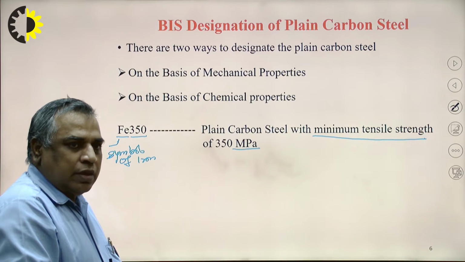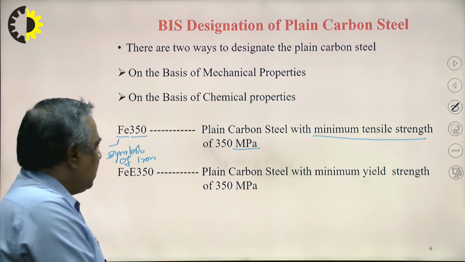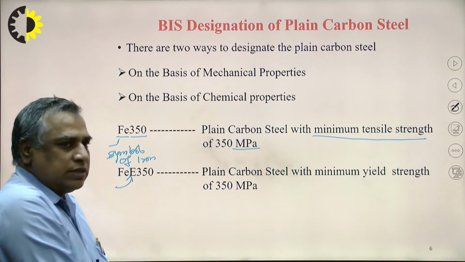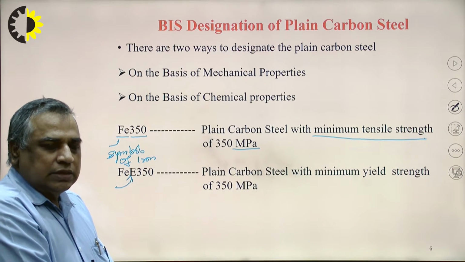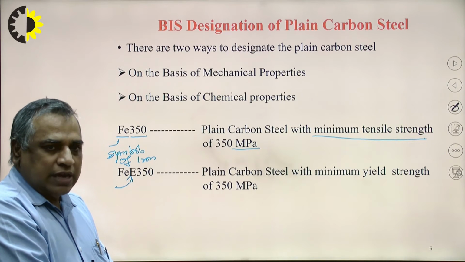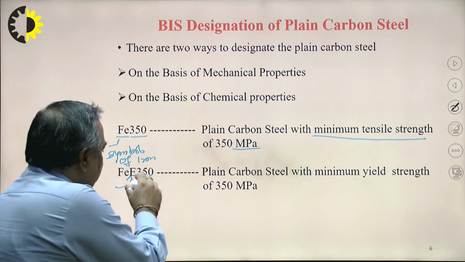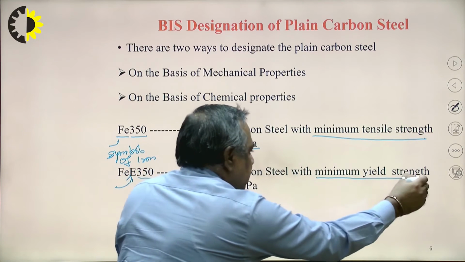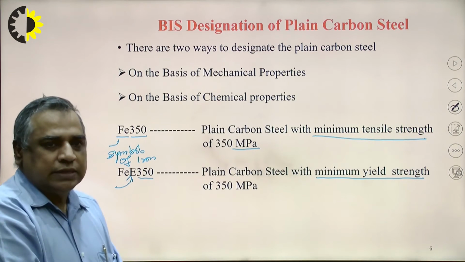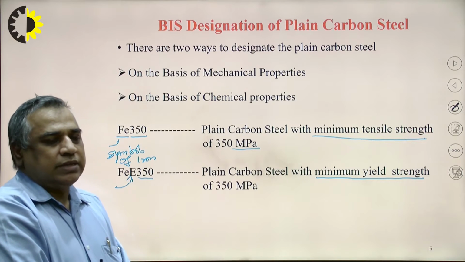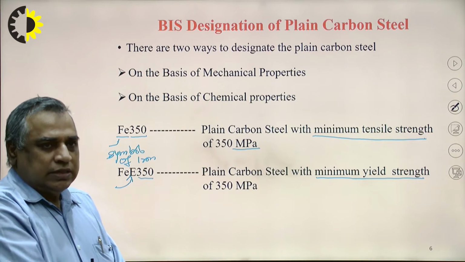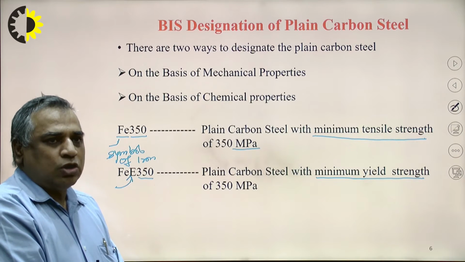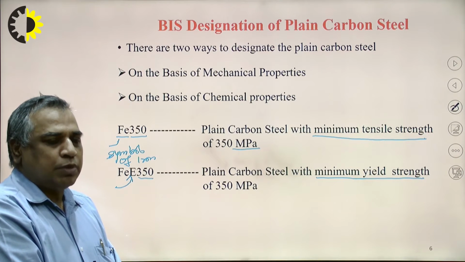Similarly, in another way, this capital E is included in the designation. This again signifies a plain carbon steel, but now the 350 designates the minimum yield strength of that plain carbon steel. This is the way of designating plain carbon steel according to BIS on the basis of mechanical properties.